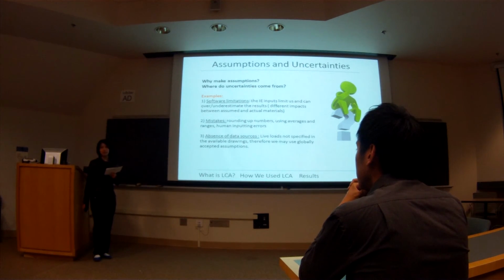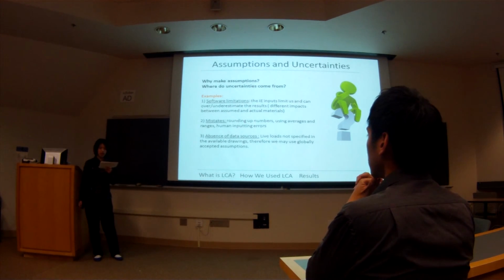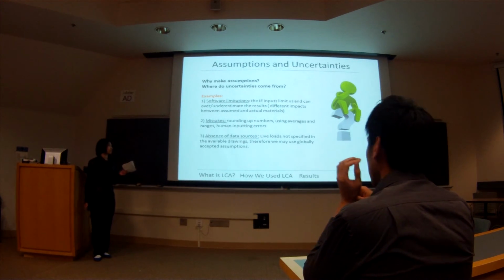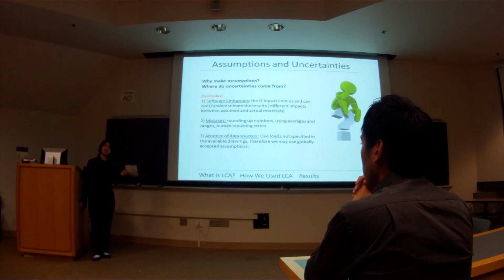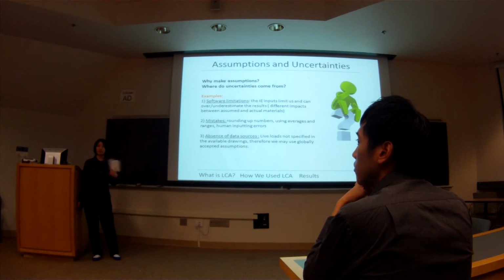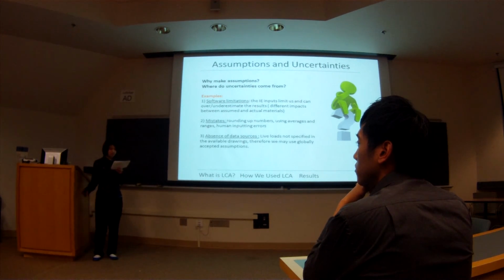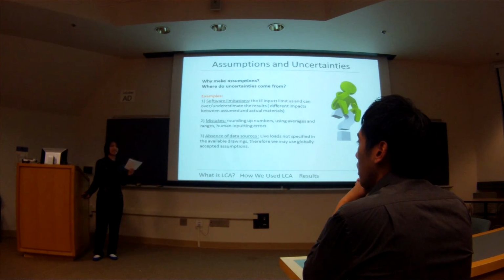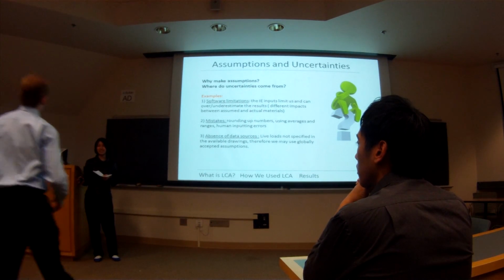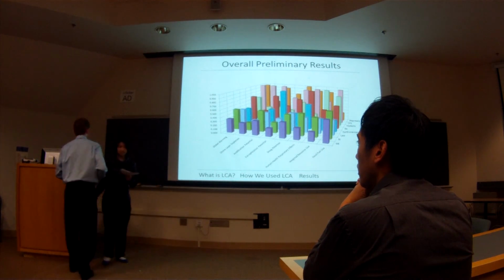Thirdly, we have absence of data sources. We don't always have the information that we need, as stated before, such as live load drawings might not be found in the drawings that were provided to us, so we have to make a global assumption. Yeah. So now that you know about the assumptions and the uncertainties, I'll pass it on to Sherwood to talk about our real results. All right, thank you.